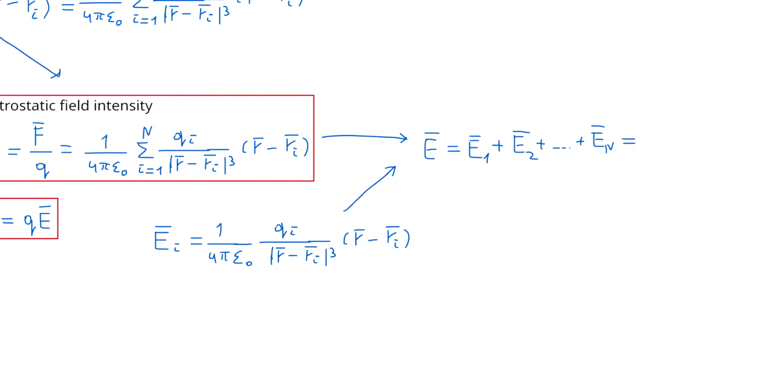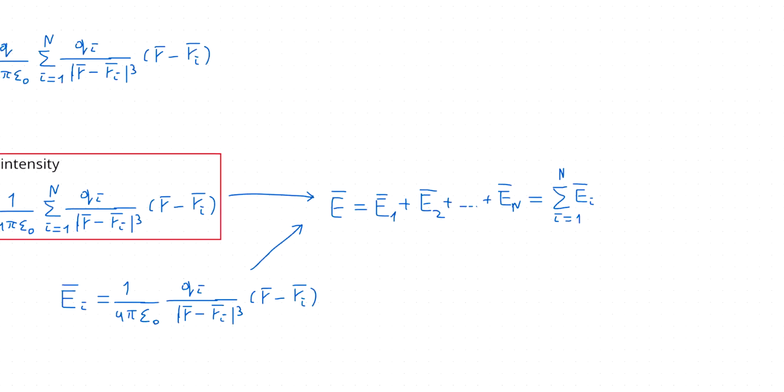If we write this in short way, E is equal to the sum from 1 to N of Ei, the electrostatic field intensity of the charge with number I. And this formula is known as the superposition principle.